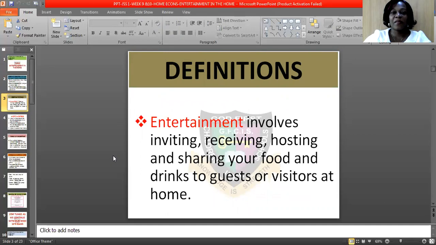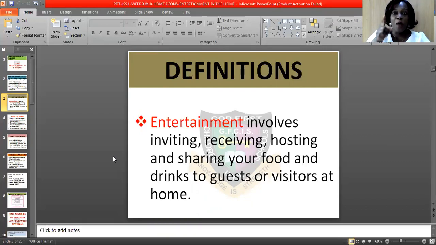Definitions. Entertainment. I say entertainment involves inviting, receiving, hosting, and sharing your food and drinks with guests or visitors at home.